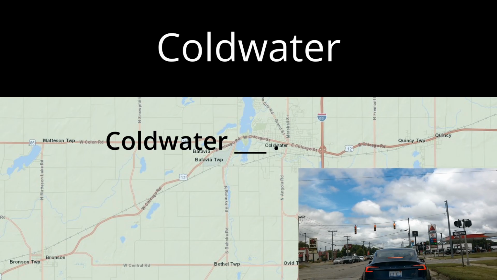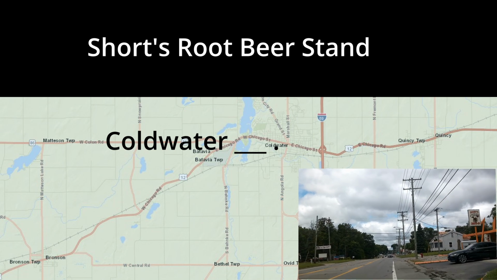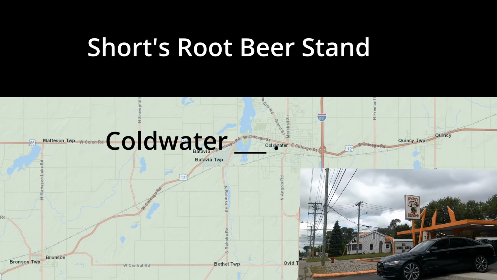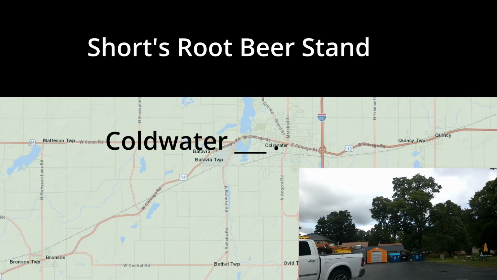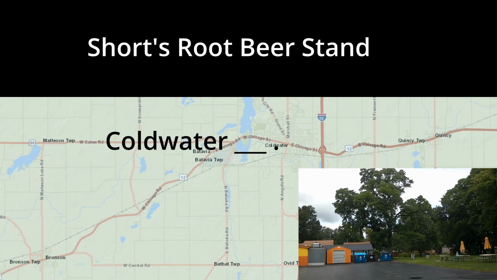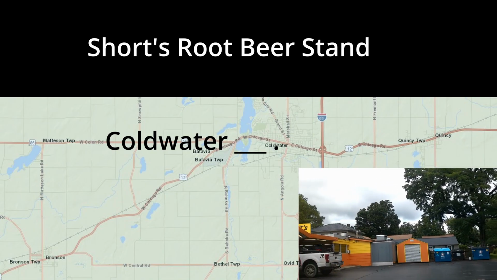Coldwater gives us our next destination, just in time for lunch, Short's Root Beer Stand. A real throwback to the 50s and 60s, complete with car hops. No roller skates, though. They even play Sirius XM's 50s on 5 channel on the under canopy loudspeakers.